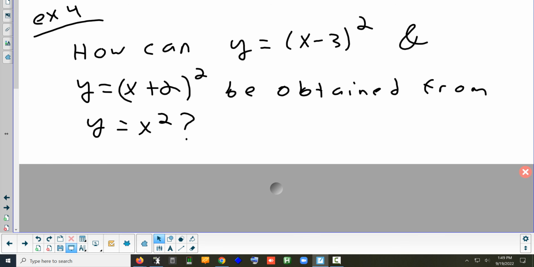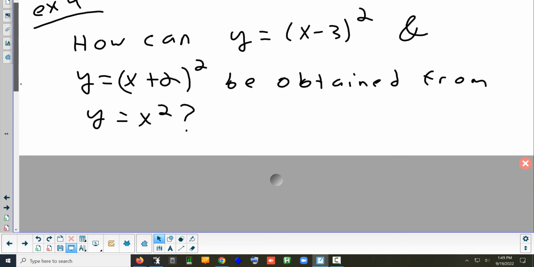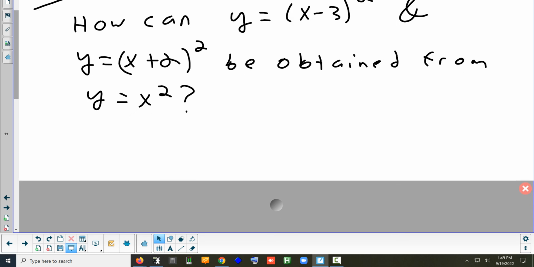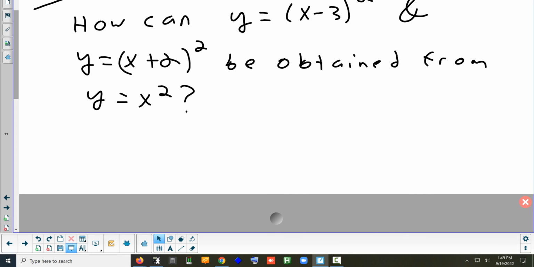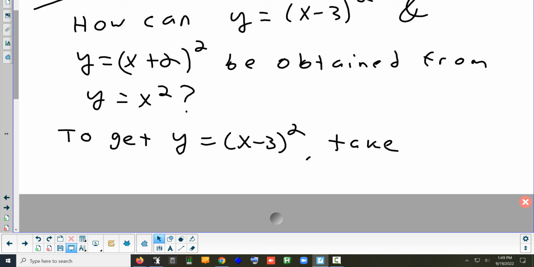So that's kind of backwards, right? To me, when I think of a number line, I think positive numbers go to the right, negative numbers go to the left. It's backwards. So let's just write one of these down. So say to get y equals x minus 3 squared, take the original, and you would shift right 3.